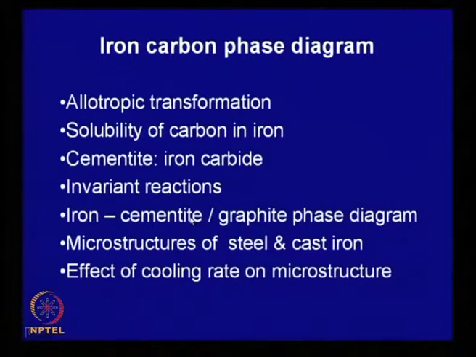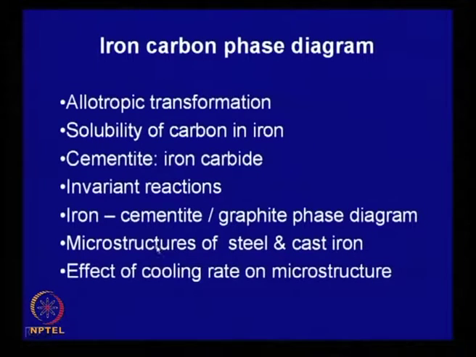Later on we will also talk about the iron graphite phase diagram, because graphite is the most stable phase of carbon, and how this diagram changes when cementite breaks down to graphite.